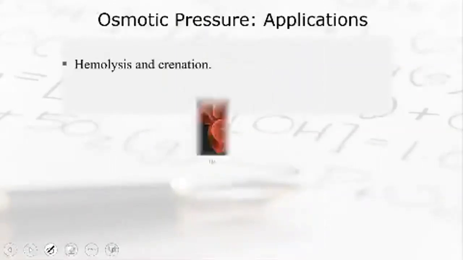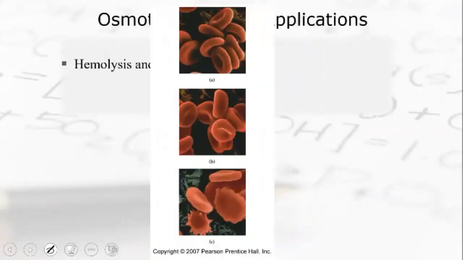Okay, another application is something called hemolysis. Now, I don't know if any of you are ever going to get a chance to do some undergraduate or graduate research in a tissue culture lab. But one of the things that scientists have to be careful about is if they want to have a culture of cells, they have to put them in the right medium.